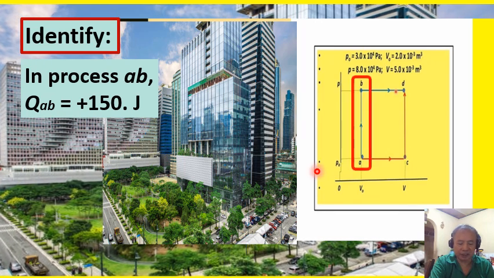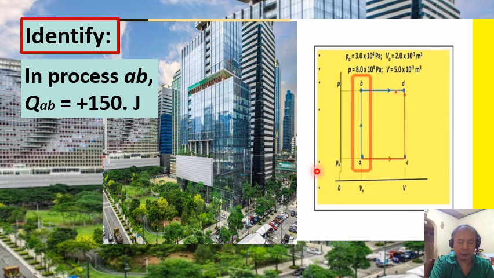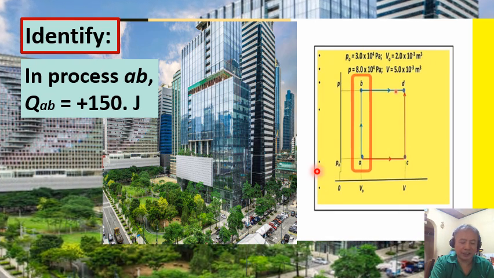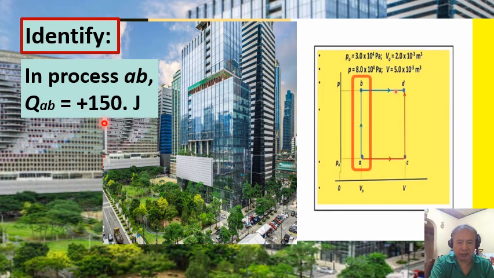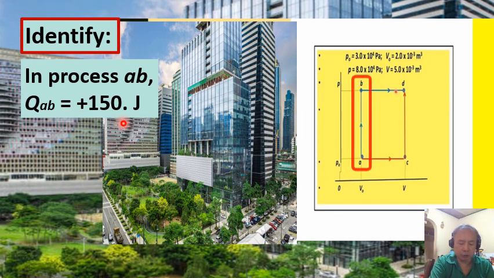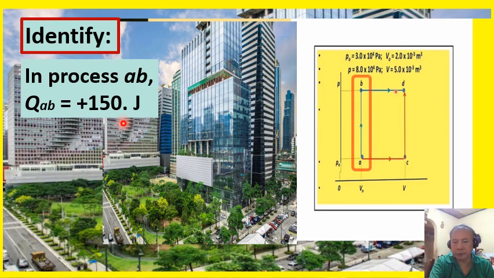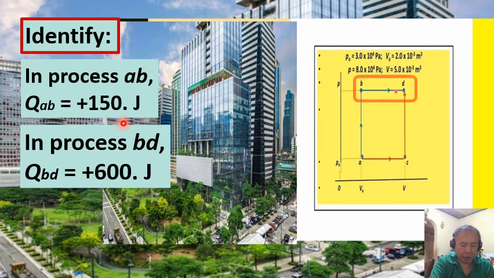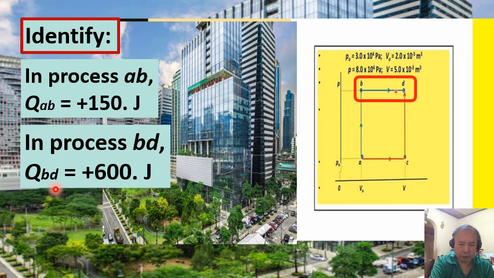In the first process, the system starts to absorb heat along the path AB. And we denote this as capital Q sub AB equal to positive 150 joules. And then it proceeds along the path BD.